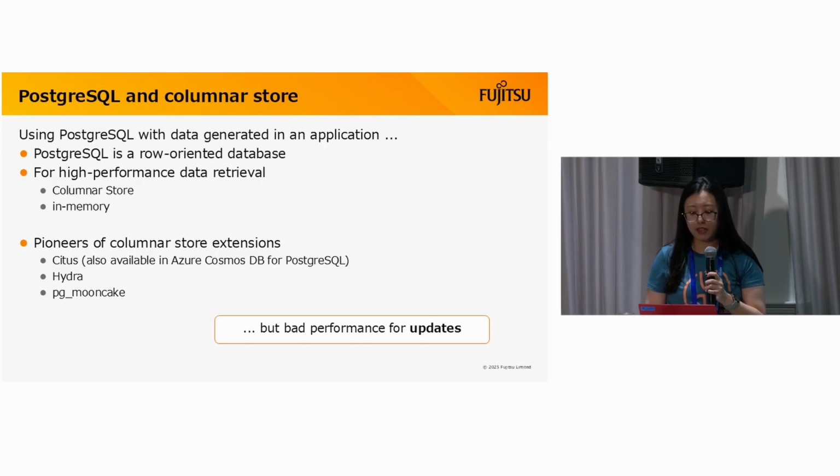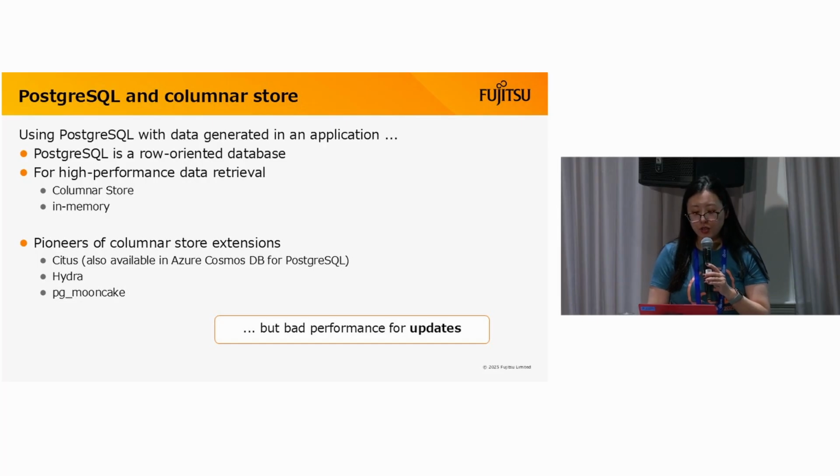Postgres provides several columnar store features as extensions. For example, Citus provides columnar storage capabilities, which are also used in Azure Cosmos DB for Postgres. Also, Hydra extension and PG Mooncake extensions are available.